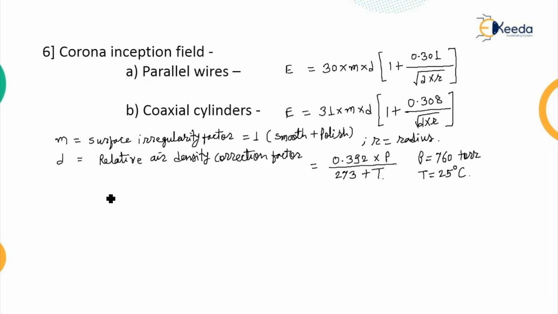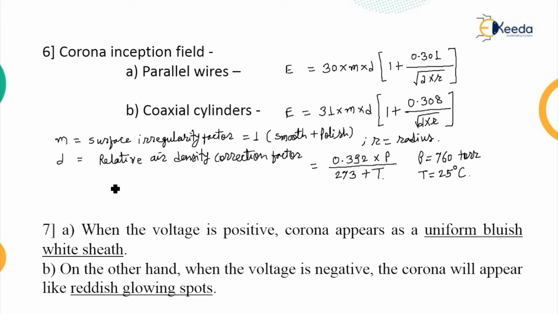Now, as we discussed, related to the audible and visible voltages, the voltages are given here. Apart from that, you can find the change in the color of the corona based on the polarity of the voltage. If the voltage is positive, corona appears as uniform bluish white, and if the voltage is negative, the corona will appear like reddish glowing spots.